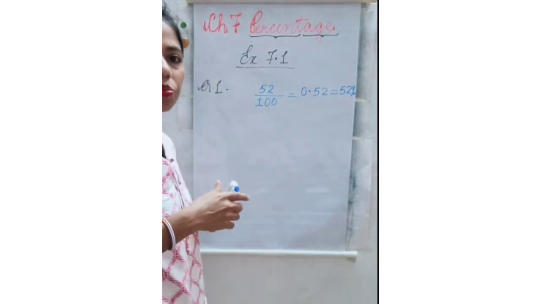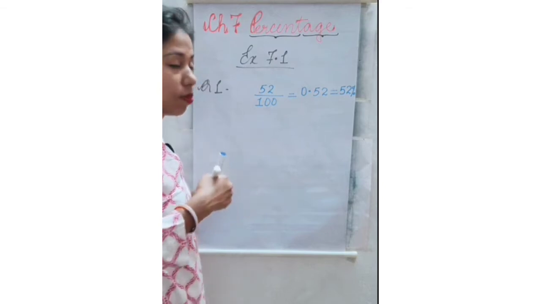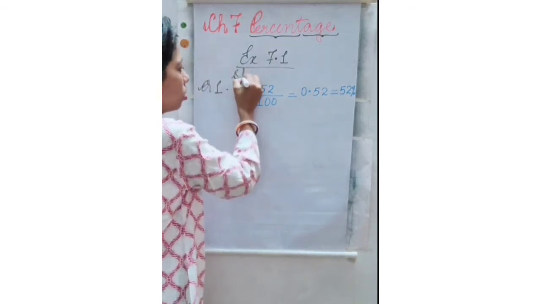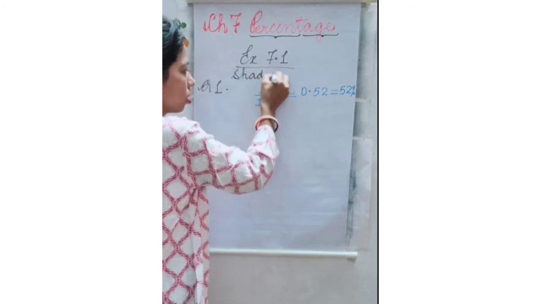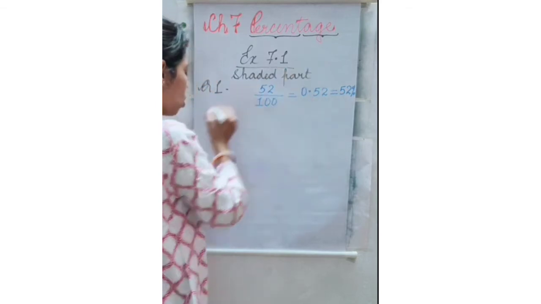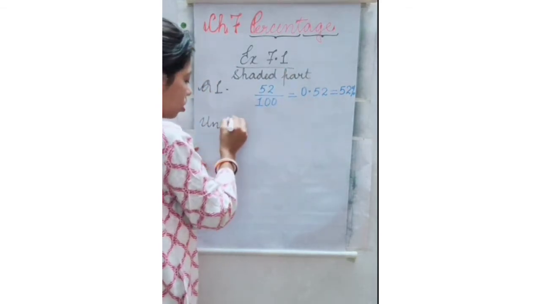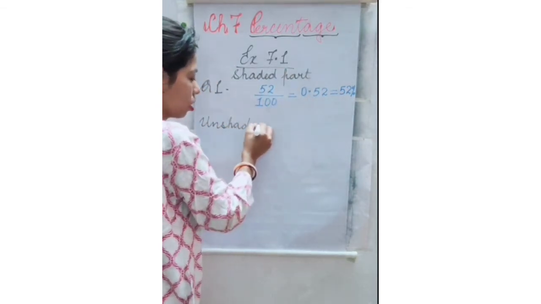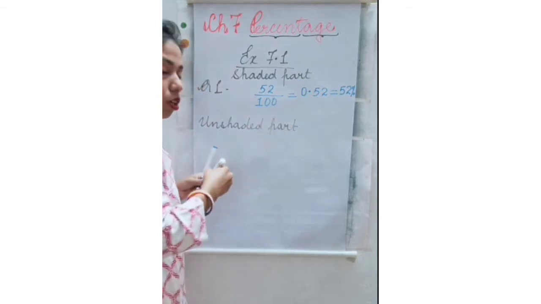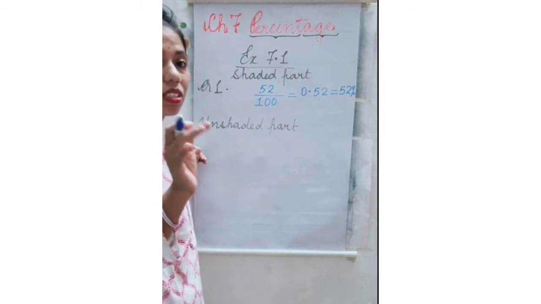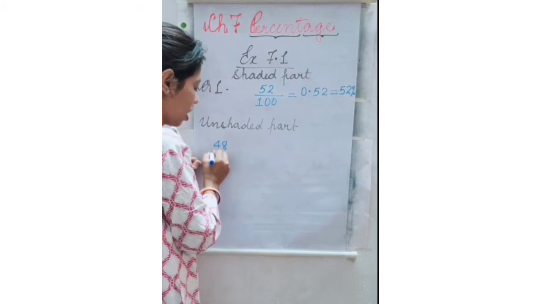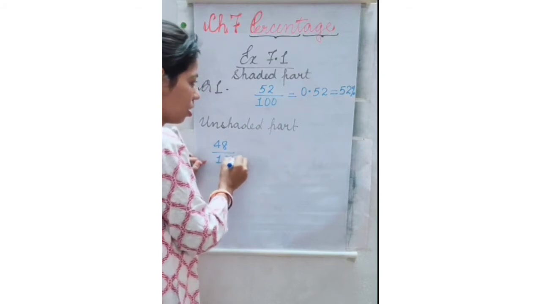Now let's do the unshaded part. So in the form of fraction, how many parts are unshaded? 52 were shaded, so 48 are unshaded and the total parts are 100.